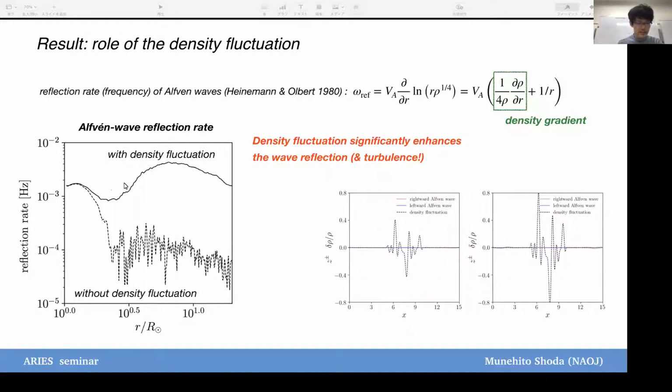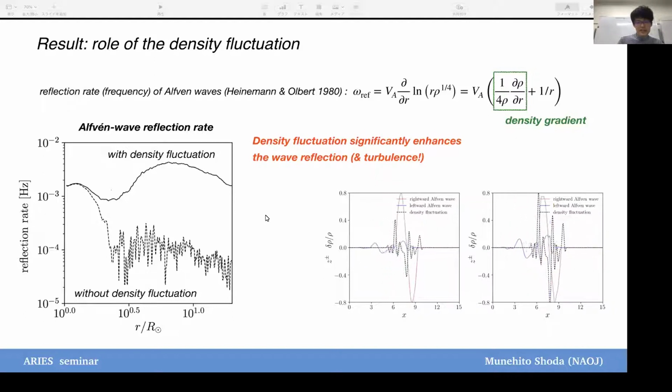You can clearly see that the reflection rate gets significantly smaller if you exclude the density fluctuation. So in other words, in the simulation domain, the Alfvén waves are reflected by density fluctuation, not the stratification of the mean field.